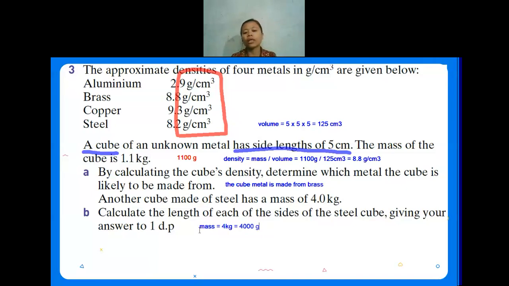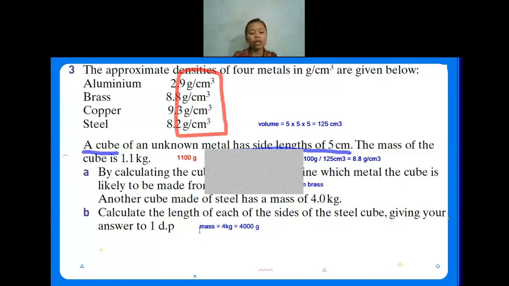Now you know that the metal is steel, and we know the density of steel. Wait, where is it? I hope the gray square will not really disturb you. So this is the density of steel. The density of steel is how many? It will be 8.2 gram per centimeter cube.